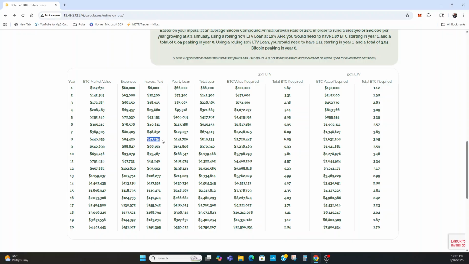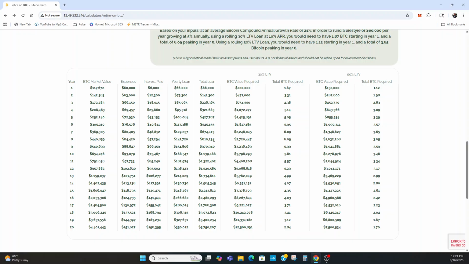We're now going to have to pay a little over $57,000 in interest because we're not just paying for the money that we need this year, we're also paying on the total underlying debt that we've accumulated through the prior 7 years as well. So our annual loan this year is $141,000, and the total loan at that point has rolled all the way up to $816,000.